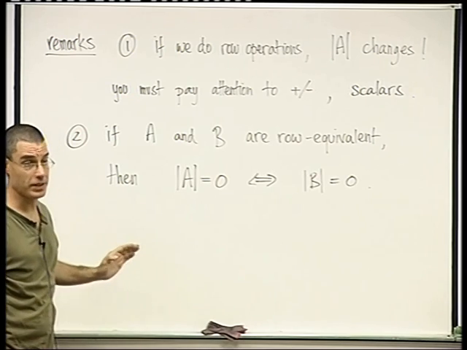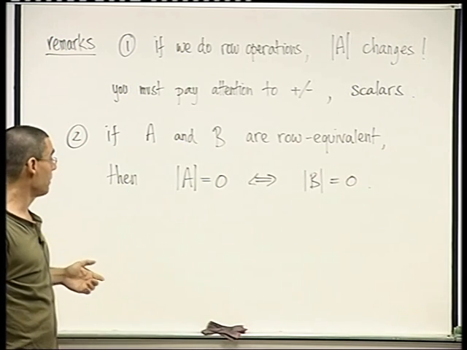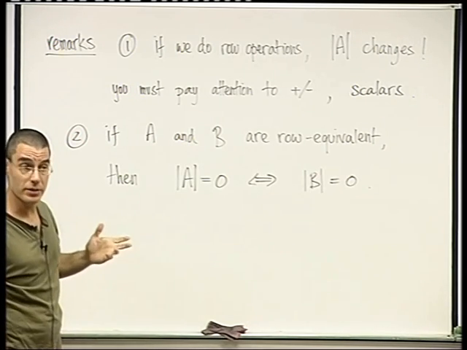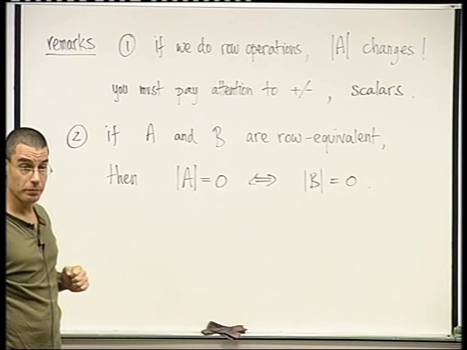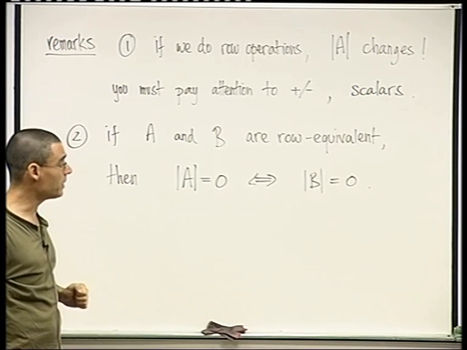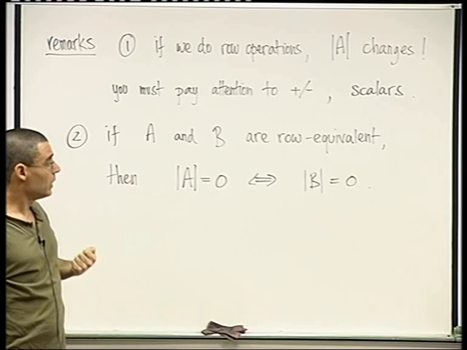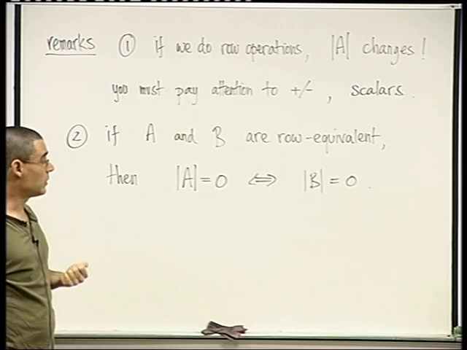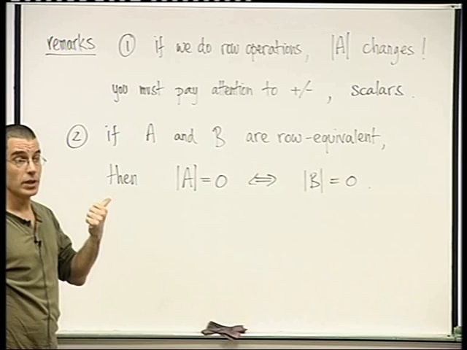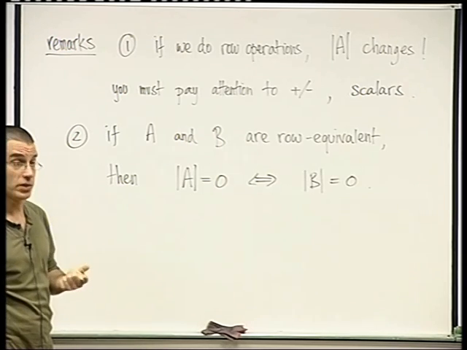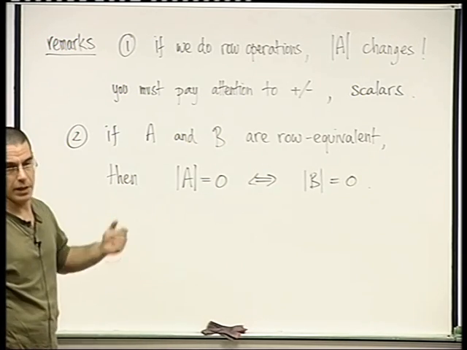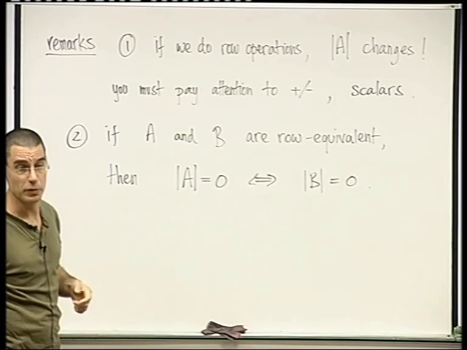Where we're heading next, there are some more properties that I have to mention. For example, what is the determinant of a product? We didn't say that. And in particular, we want to look more carefully at the relation of determinants to inverse matrices. Let me just give a big spoiler.